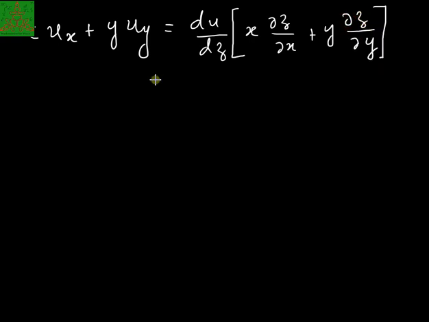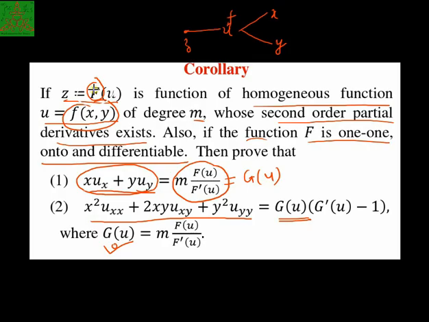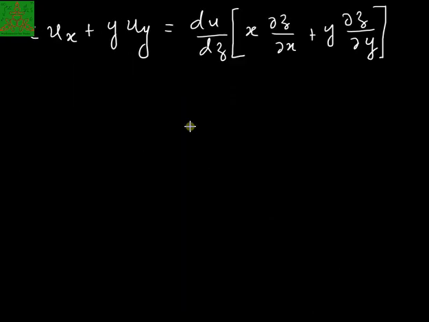Now let us look at the hypothesis. Since z is also a homogeneous function, because here z is a function of u and u is a function of x and y, z is also a homogeneous function of degree m. So due to that, we can write this quantity by Euler's theorem as mz.